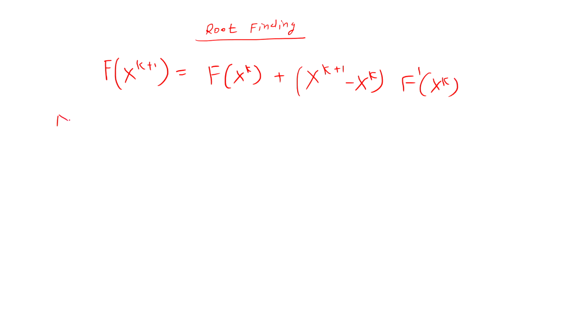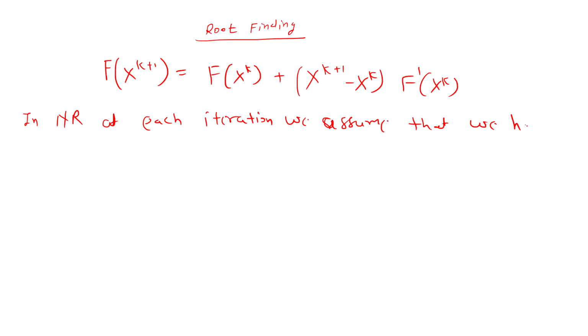Now in Newton-Raphson method, at each iteration we assume that we have reached the solution. That means f of xk plus 1 is 0.